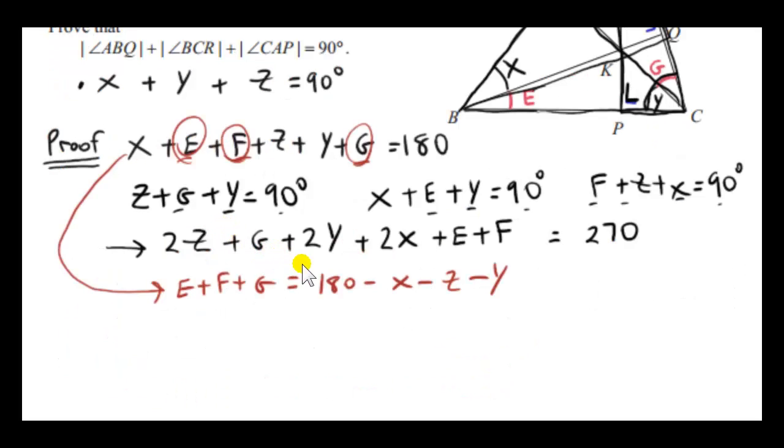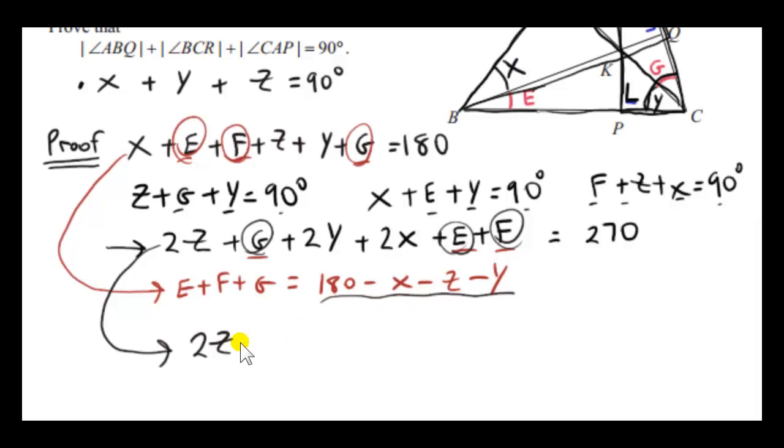The next thing that we could do is just plug in for E plus F plus G, plug in this expression here and then into this equation up here. Okay, so I'll write this down again, 2z, but instead of G plus E plus F we have this thing here.